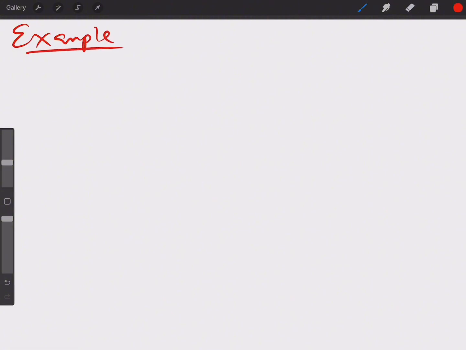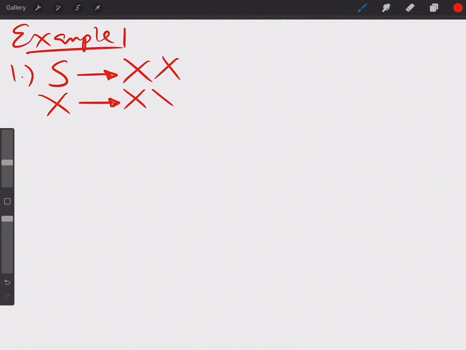Example 1. Consider the CFG that has the start symbol S derives XX, X derives XXX, or BX, or XB, or A. Note that since we are dealing with parse trees, we are always going to be given a string.